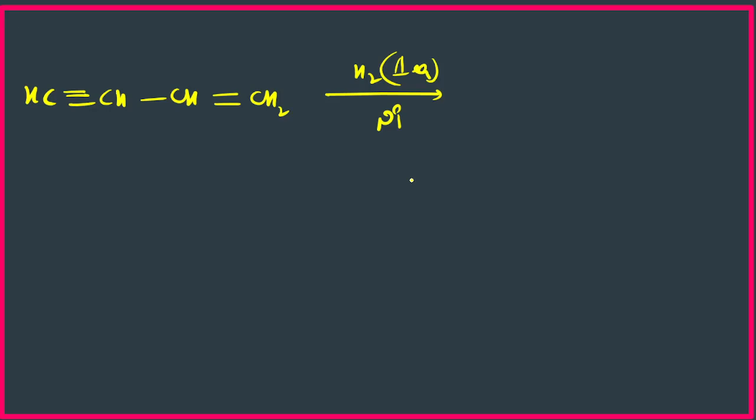What is the product? Generally a carbon-carbon triple bond is more reactive than a double bond. So obviously the pi bond of the triple bond breaks, with attack of hydrogen.